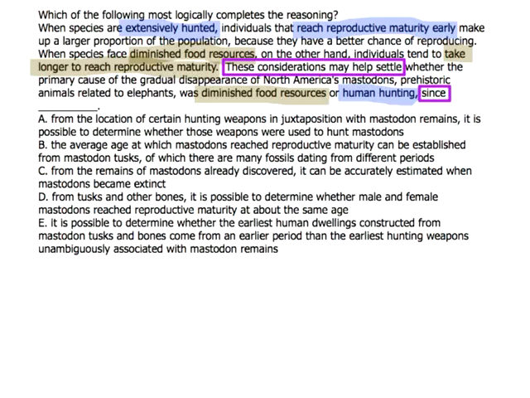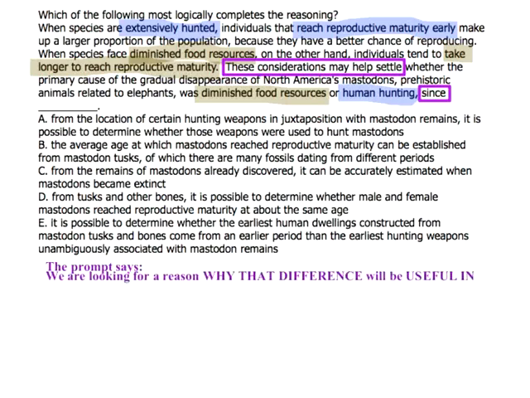According to the prompt, we are looking for a reason why that difference will be useful in narrowing down what happened to mastodons in particular.